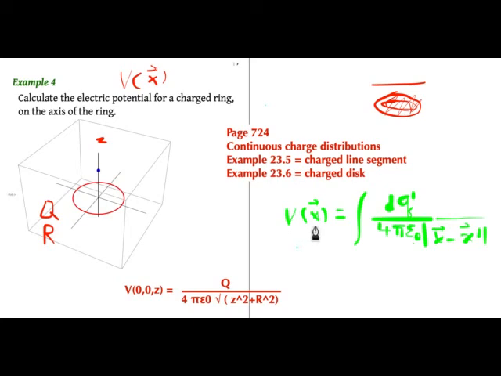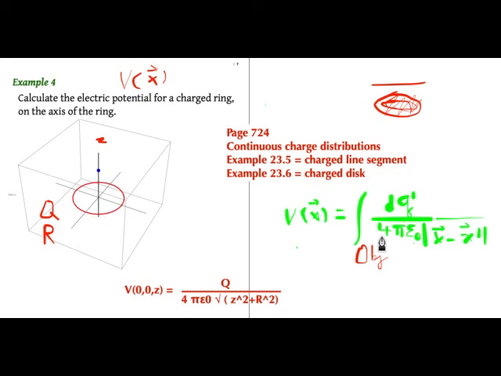So the potential at a point x is the integral over the object, so over the object that has the charge, in this case a ring, dq prime over 4 pi epsilon 0 x minus x prime, where x prime is the position of a little bit of charge dq prime that makes up the object. And you integrate over the whole object. Could be a volume integral, could be a surface integral. In this case, it'll be a line integral.